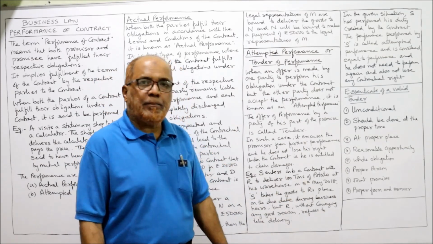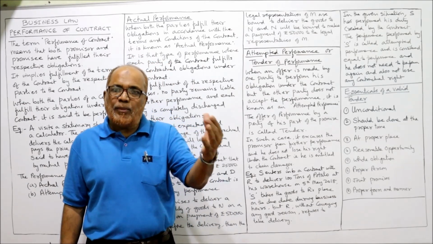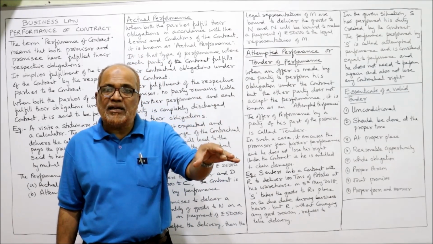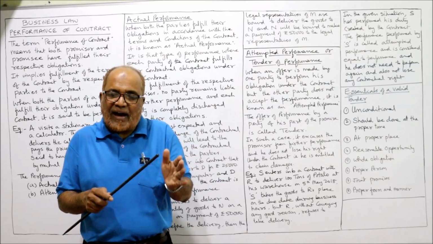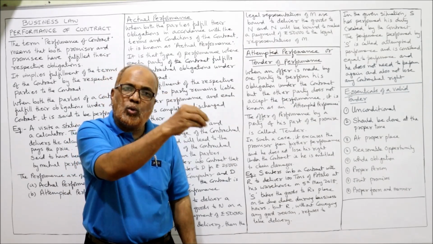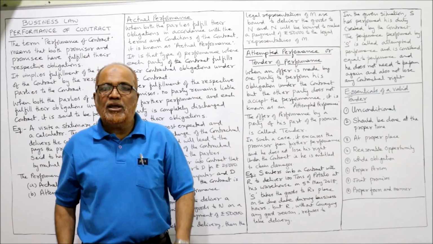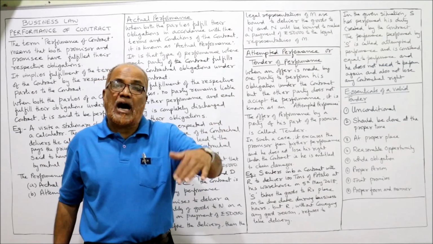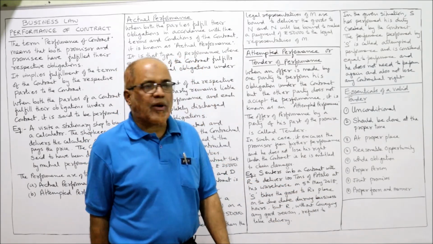Next one is proper person. That means in the agreement the name of the promisee or his agent is specified. In order to be a valid tender, the goods should be delivered or the promise should be made to the promisee or to his authorized agent. The promise should not be completed to an unauthorized person. Next one is joint promisees.